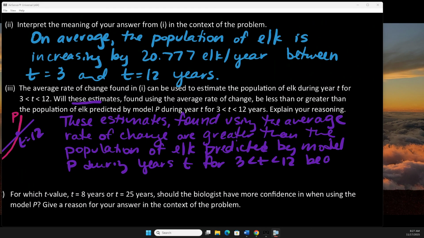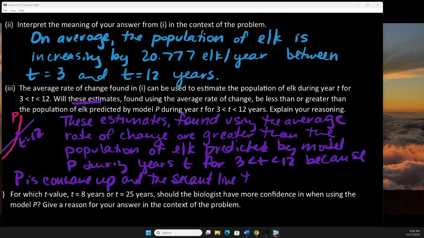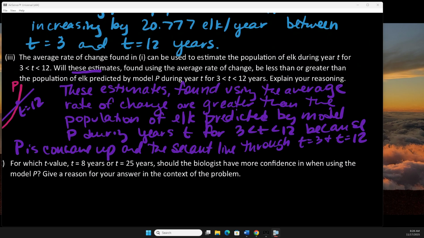And the reason is, we have to explain our reason, because P is concave up and the secant line through T equals 3 and T equals 12, I'm running out of room, will fall above P when 3 is less than T is less than 12.